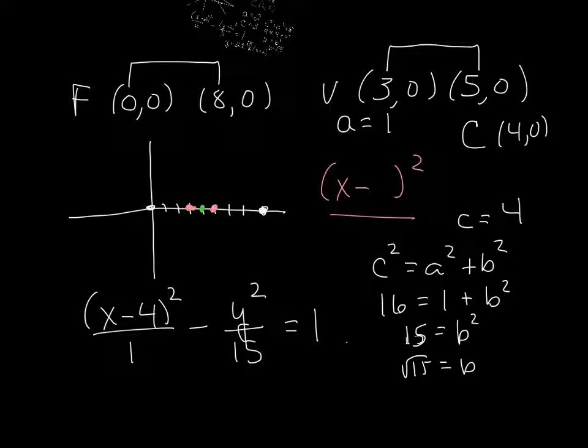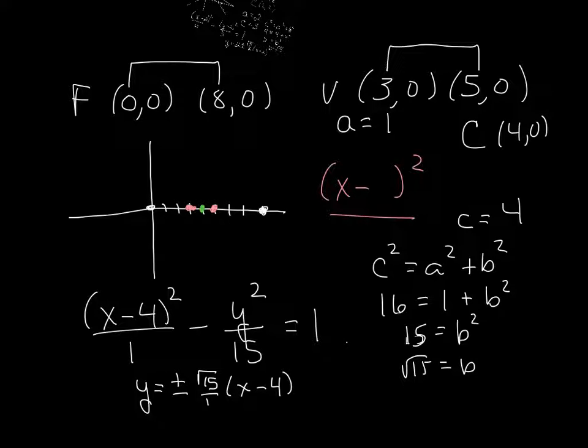Okay, so there is our equation. If we want an equation for the asymptotes, it's y equals 0 plus or minus the square root of 15 over 1 times x minus 4.